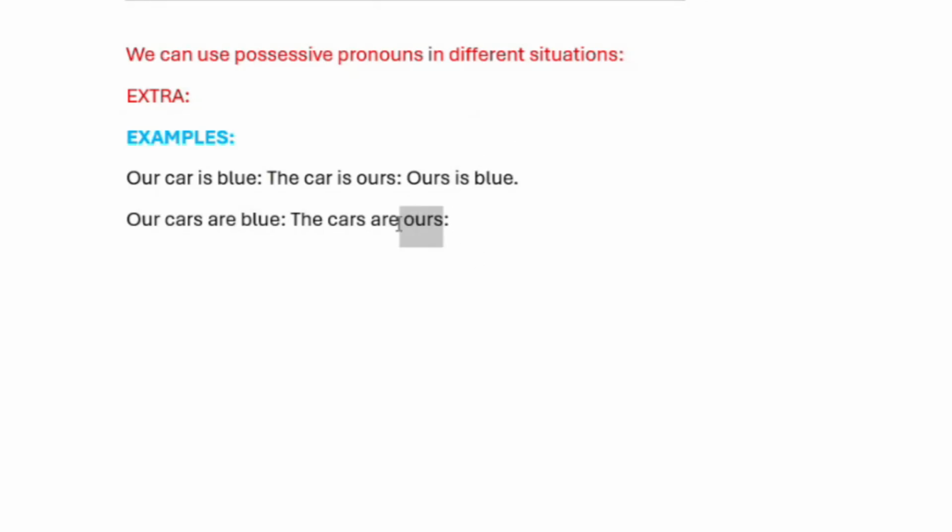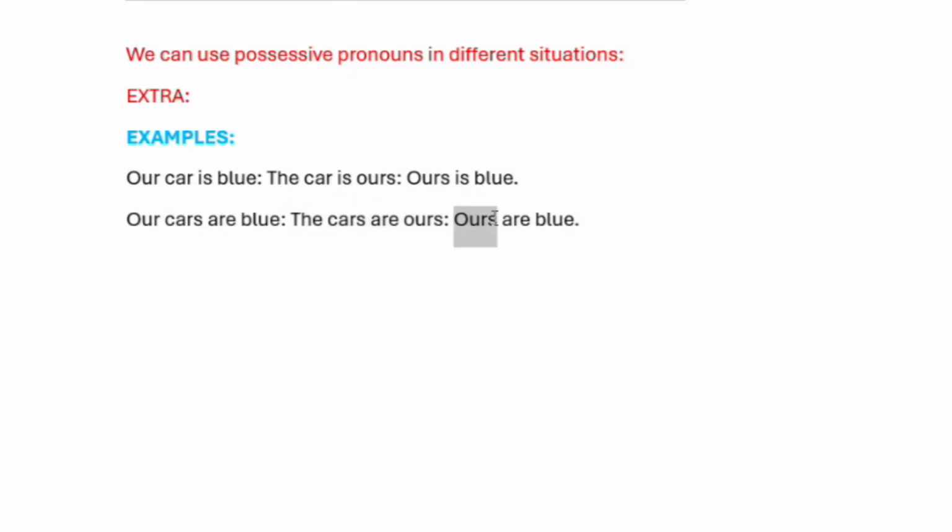But we want to use the possessive pronoun at the beginning in a plural form. That is, ours are blue. Ours are blue. So in this case, ours refers to the cars. Cars is a noun, but in plural form.